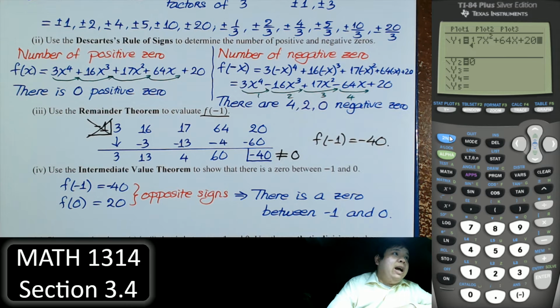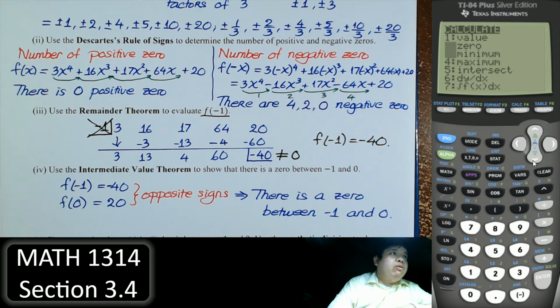Right, and then the second, the second equal to 0, y2, calculate. And now we find the intersection.